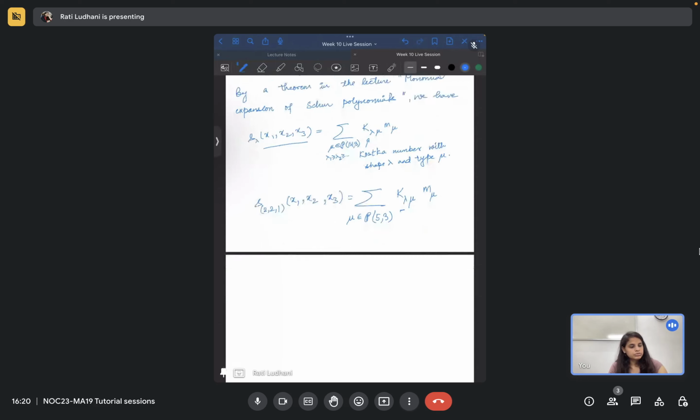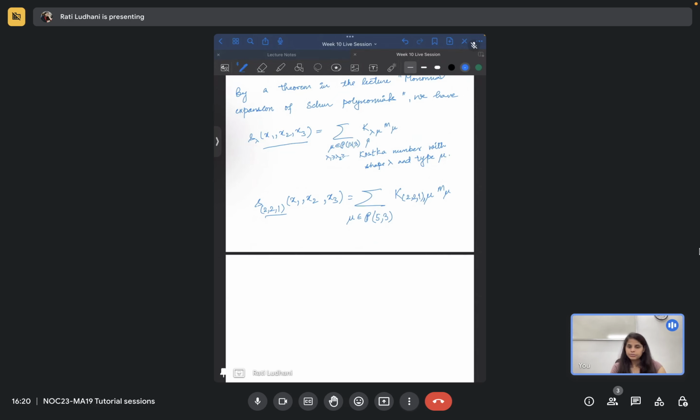Now lambda we know. If you want to write it here also, you can do that, (2, 1) and mu. If you are confused, you can use a comma also, because this is not a permutation thing. Okay, so what do we need?